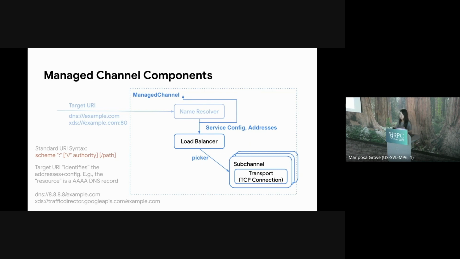To decouple the different systems, the load balancer will return a picker to the channel. Then when there's an RPC, the channel will decide which transport, which subchannel to connect to, by calling picker.pick. So this is the architecture of how things happen. The subchannel is conceptually the HTTP2 connection, but we can talk more.